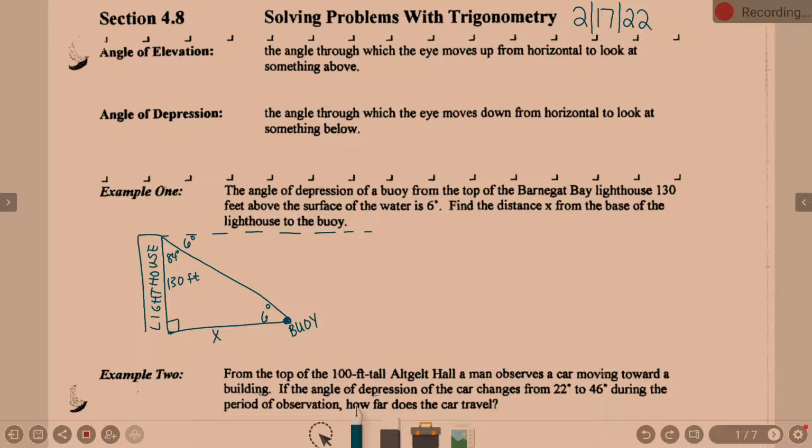Think about the fact I have to find x. I know 130. Next, we have angles we can pick from here. What are you going to go with, Jacob? And do the tangent of 84. Okay. And if we do the tangent of 84, what is that equal to?